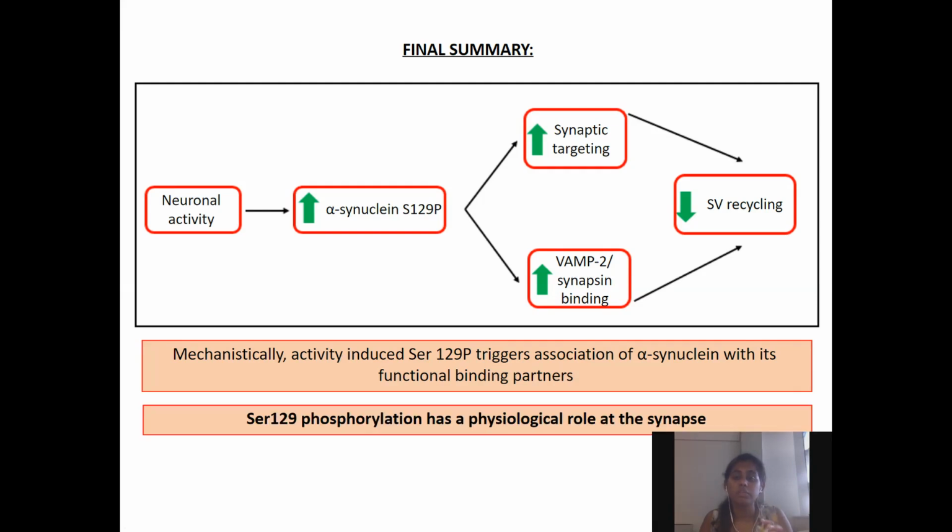So this is the first physiological role described for this disease-associated serine 129 phosphorylation site at the synapse.